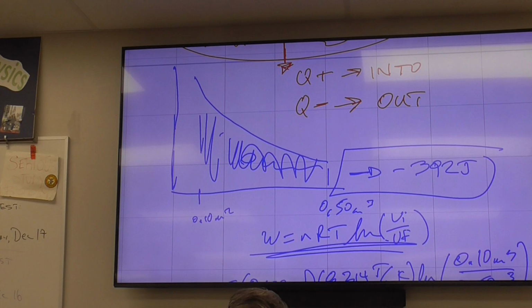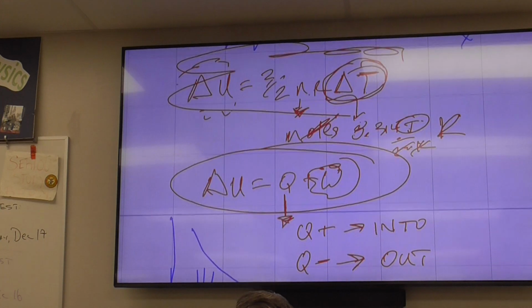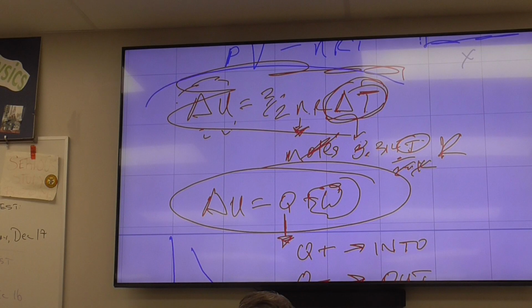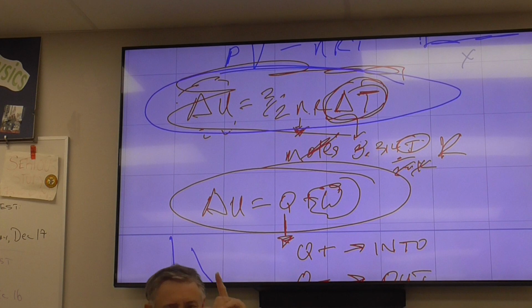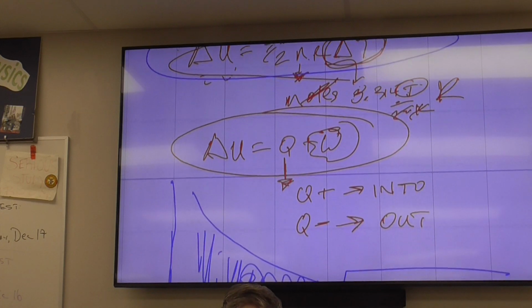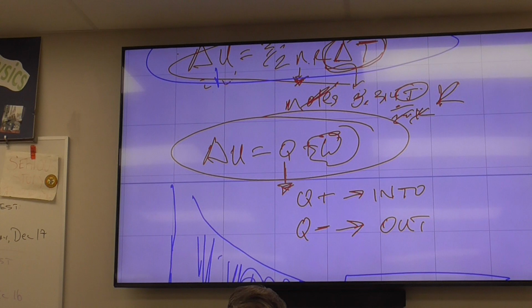Okay? So, if you go back up to these first sets of equations here, what is delta U going to equal? 0. Why? Because it's isothermal, so there's no change in temperature. So if delta U equals 0 coming out of this equation, it still has to equal 0 coming out of that equation.